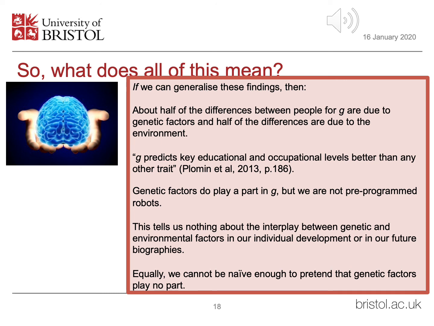Genetic factors do play a part in G, but we are not pre-programmed robots. This tells us nothing about the interplay between genetic and environmental factors in our individual development or in our future biographies. Equally, we cannot be naive enough to pretend that genetic factors play no part.